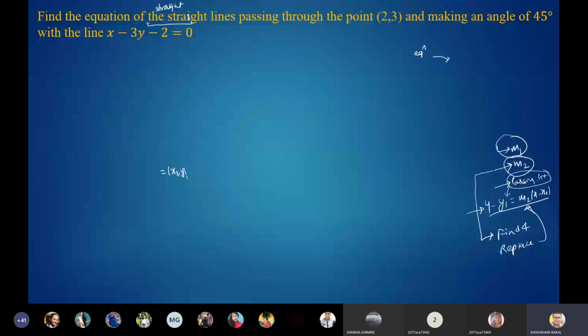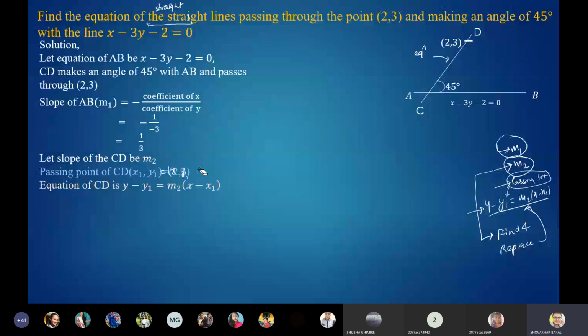Okay, wait for a few minutes. It's taking time to reload here. Okay, x1 comma y1, and this is equals to 2 comma 3. Okay, write it. Passing point CD x1 comma y1 equals to 2 comma 3.